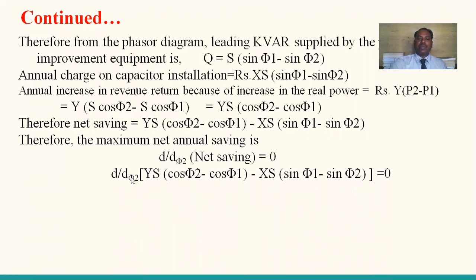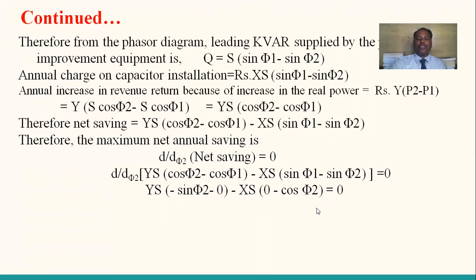So differentiate with respect to phi 2: Y S (cos phi 2 minus cos phi 1) minus X S (sin phi 1 minus sin phi 2), equating to 0. The cos phi 1 and sin phi 1 terms are 0, and only phi 2 is considered. Y S into minus sin phi 2 equals X S into minus cos phi 2.